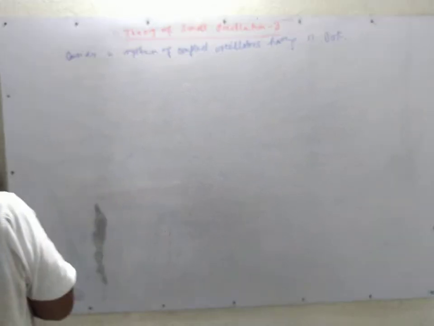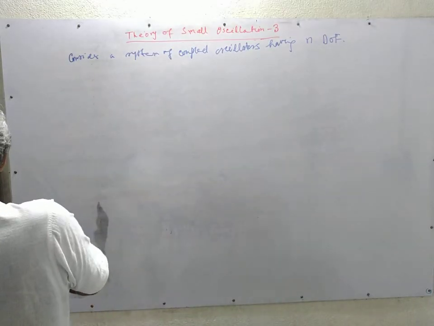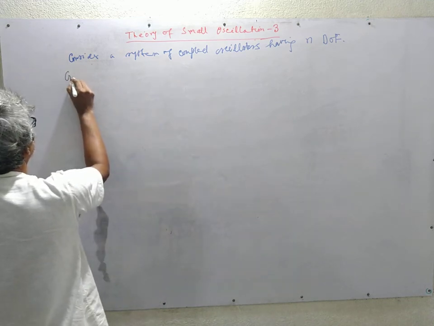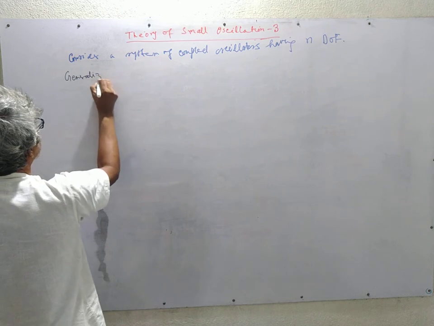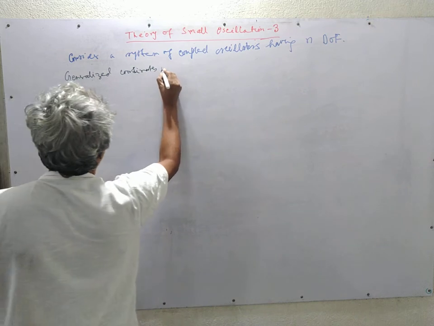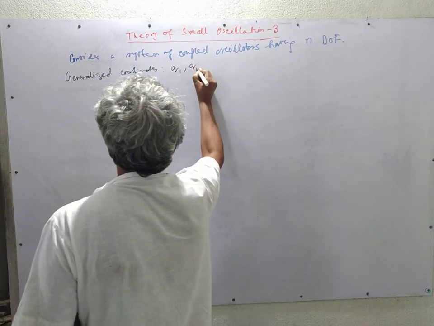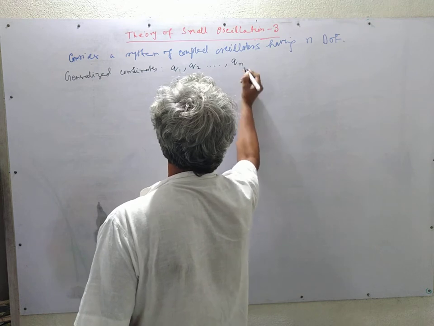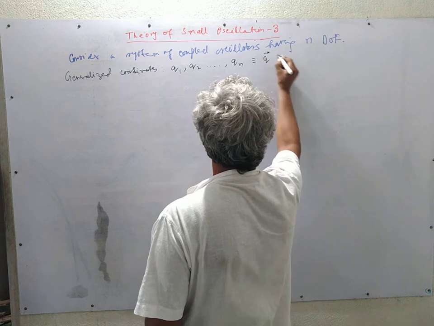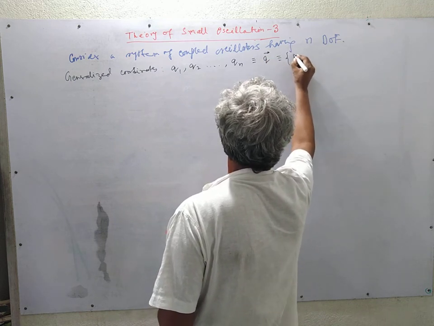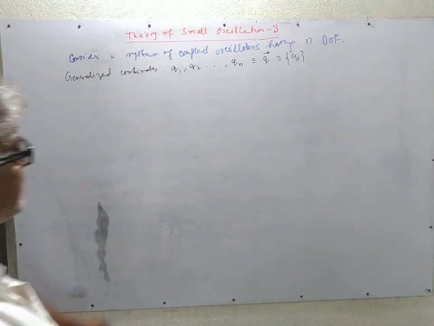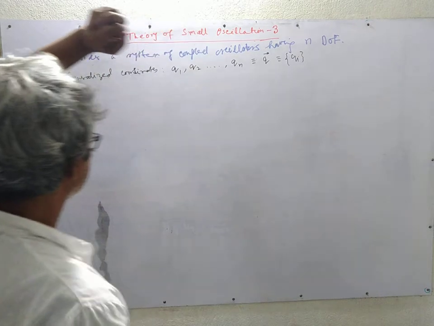The generalized coordinates are q1, q2 up to qn, and we generally represent it as q, or sometimes as the set qi where i is equal to 1 to n. This is a vector in an n-dimensional configuration space.